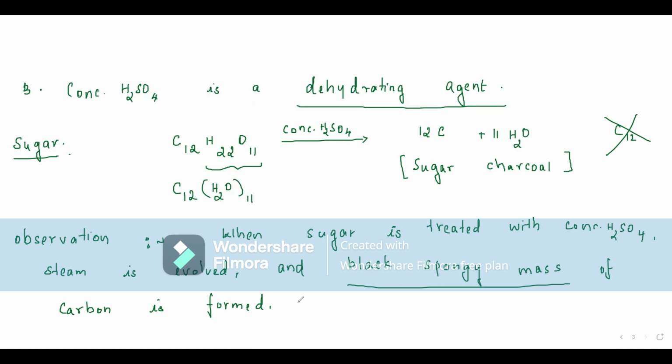That much is enough. I have just mentioned steam because you can see the evolution of 11 molecules of water. So either the equation directly, what happens when sugar comes in contact with sulfuric acid, or the observation, or write the equation for the conversion of sugar to sugar charcoal.